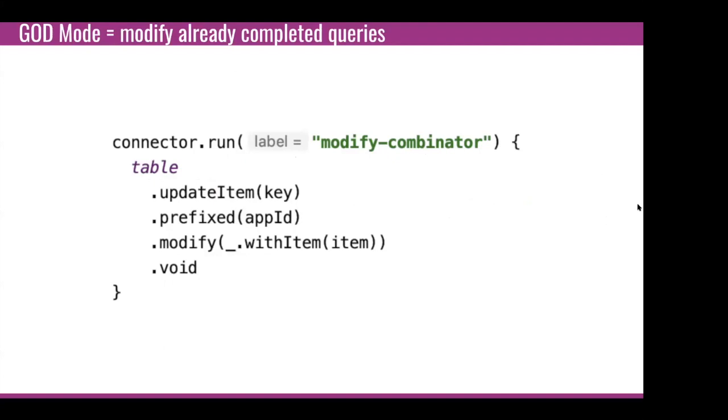One of the important design goals of D4C was the ability to modify already completed queries. You cannot do this with Dynamo in the case of free monad, but with D4C, even if you created the query, while working with combinators such as update item, you're working with the Dynamo query data type that represents an abstract query.